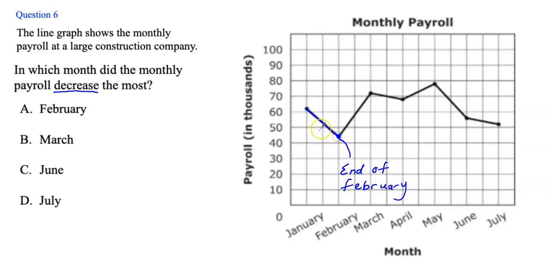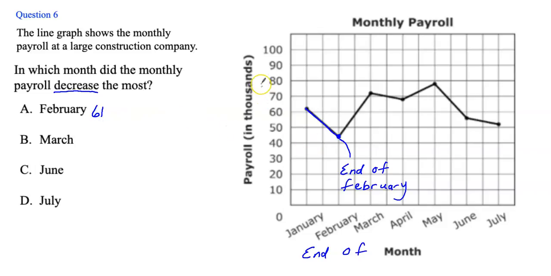So it's clear that the payroll for February is going down. It's decreasing because you read a graph from left to right. Now it should say here end of month. That would make it easier. So to calculate how much the payroll went down in February, I'm just going to take this amount here, which is about 61 right here.